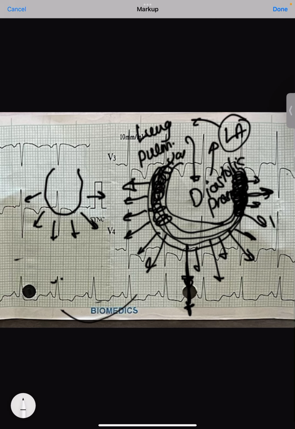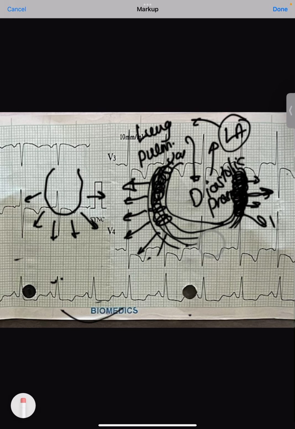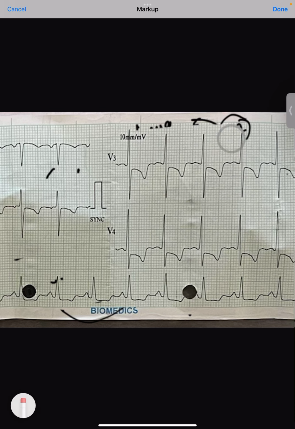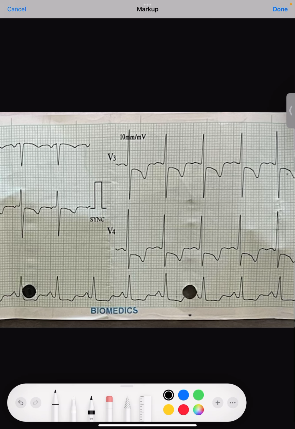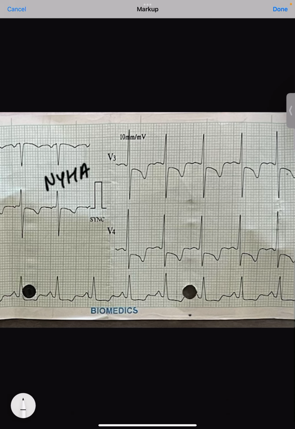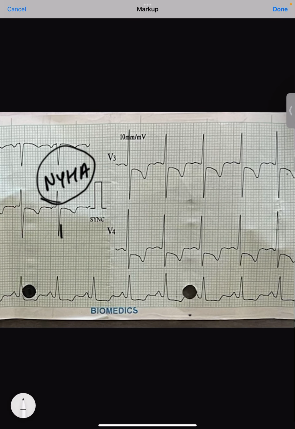And this is the reason why patients perceive shortness of breath, breathlessness, even in very minor physical activities. So shortness of breath even on minimal activities, which we call NYHA grading. We can label like NYHA grading 3 or 4, because later these patients develop shortness of breath even on very minor physical activities.